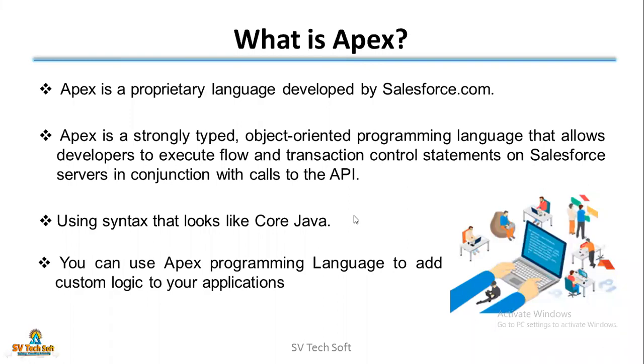Apex is a strongly typed and object-oriented programming language that allows you to execute a flow or transaction control statements on Salesforce, like performing any DML operation, where you can create, update, or delete, or any transaction flow. For example, as I told you, Salesforce uses the MVC architecture from the front end.